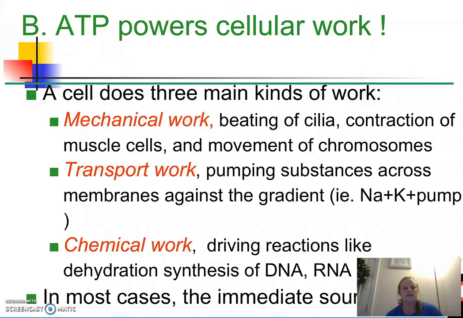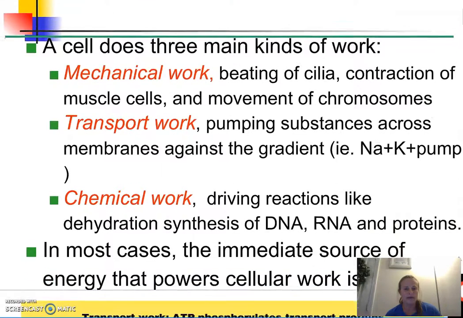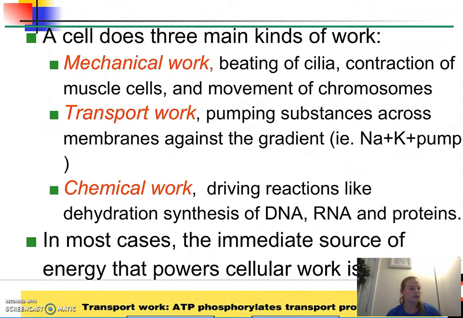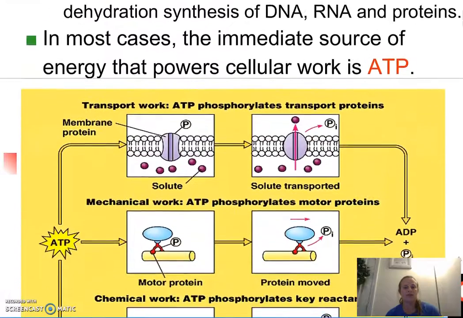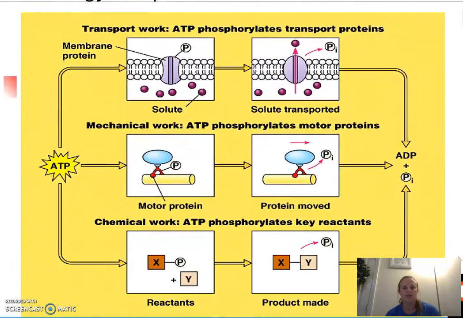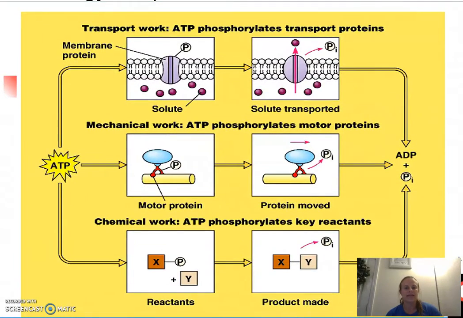Mechanical work is completed by motor proteins. Transport work is completed by transport proteins. And then you have chemical work, which drives reactions like dehydration synthesis and hydrolysis. In most cases, the immediate source of energy that powers all of this cellular work is ATP.